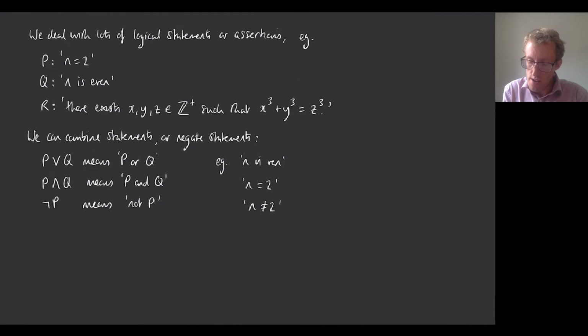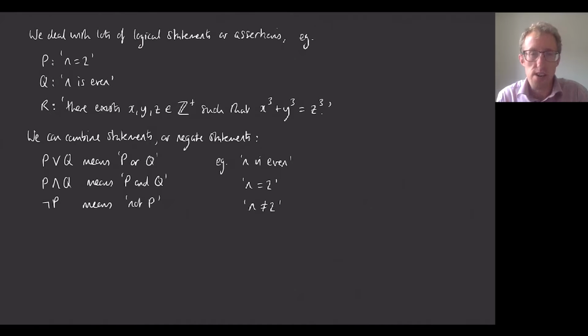And not R, in this case, well, not R is true because R is false. So not R means there does not exist positive integers x, y, and z, such that x cubed plus y cubed is equal to z cubed. I realise that even here is not written very well, so let me write that bit better. n is even. That should have said.